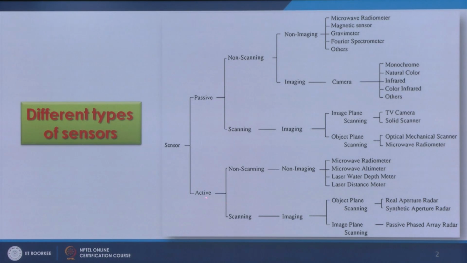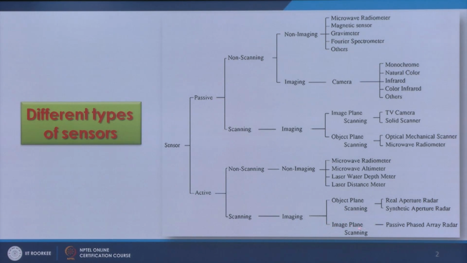So, radar remote sensing, the examples we saw, like RADARSAT, or our Indian example RISAT, ENVISAT, and Sentinel, all of them work with synthetic aperture radar. That means the sensor is active, the sensor is scanning, and it is basically synthetic aperture radar having object plane scanning.